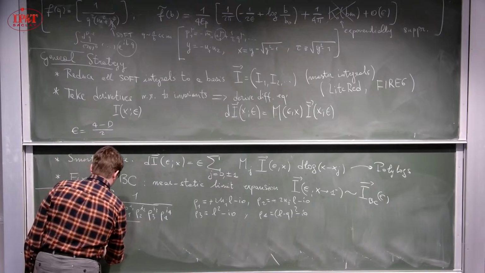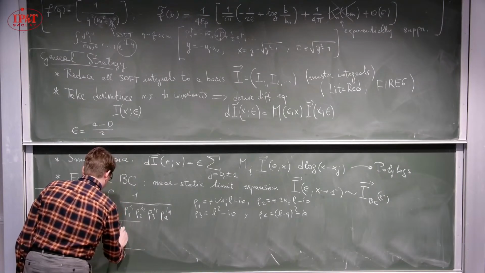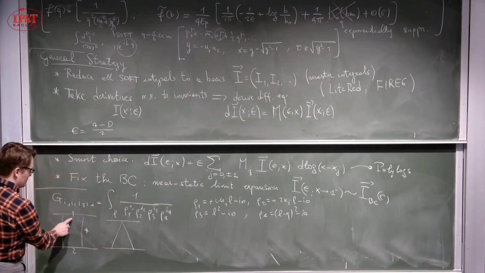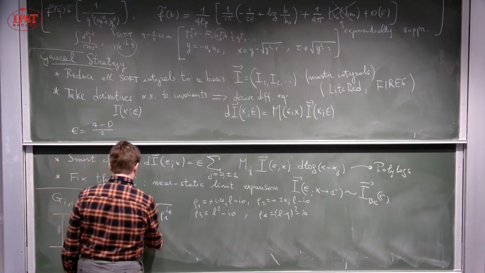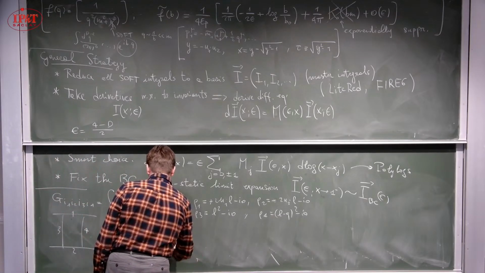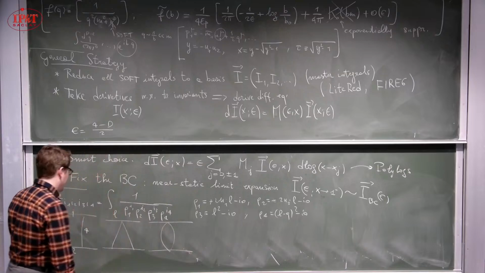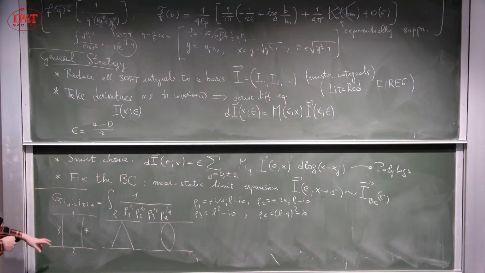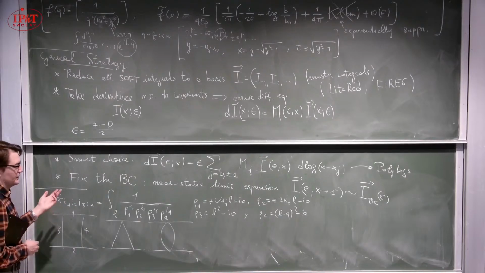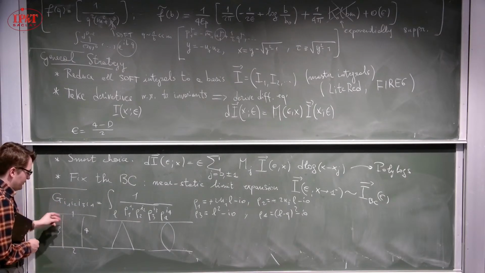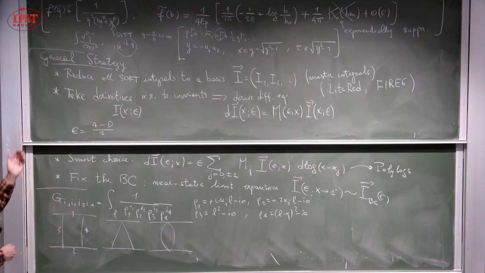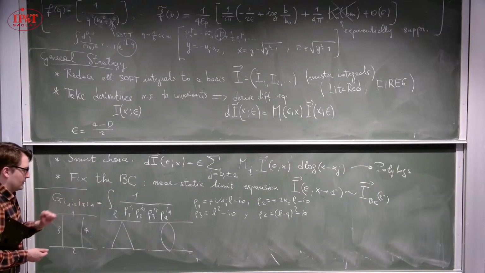In this case, you can have, for instance, this triangle, in which we pinch line number 1, or we could have a bubble, in which we pinch both line number 1 and line number 2. We could think of pinching 3 and 4, but this, as you can easily see, would lead to scaleless integrals, and this is reflected in the fact that the contributions would be analytic, so they do not give any contribution to the soft region.